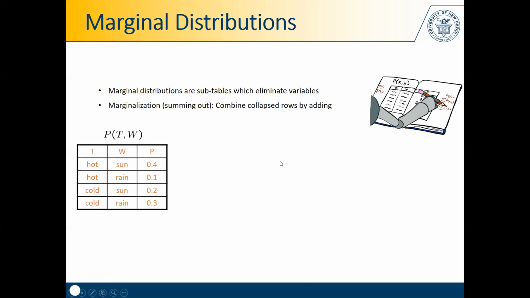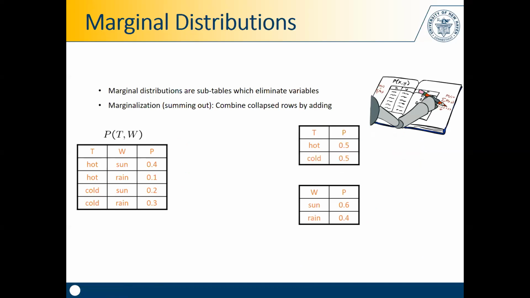Now, let's define another concept called marginal distributions. Marginal distributions are subtables in which some variables have been eliminated. What do I mean by elimination here? Are we going to get rid of certain variables? In some sense, but we retain their effect. Let's look at an example.